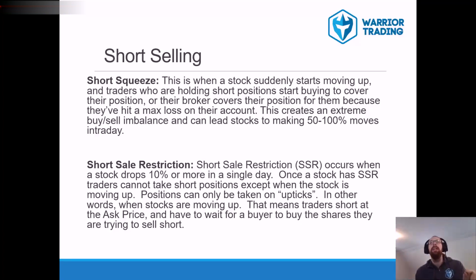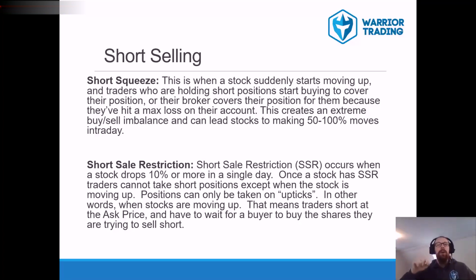Short sale restriction happens when a stock drops 10% or more in a single day. Once the short sale restriction has been turned on, traders cannot short a stock unless it's moving up. Isn't that strange? They can't short the stock when it's dropping. They can only short it on an uptick. So that means they can't short on the bid.